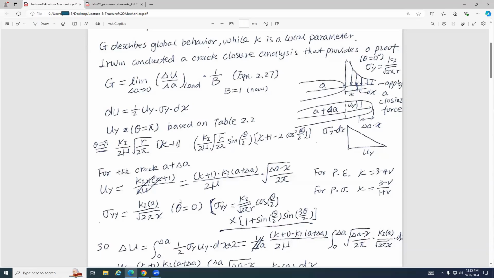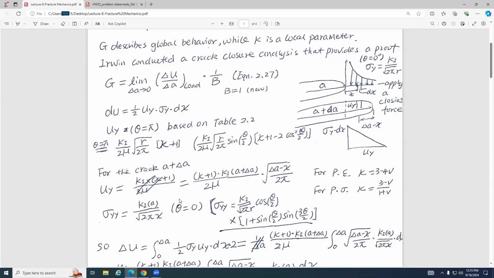Suppose I need energy x to have so much crack growth. This energy should be equal to the energy I require to close this from another direction.